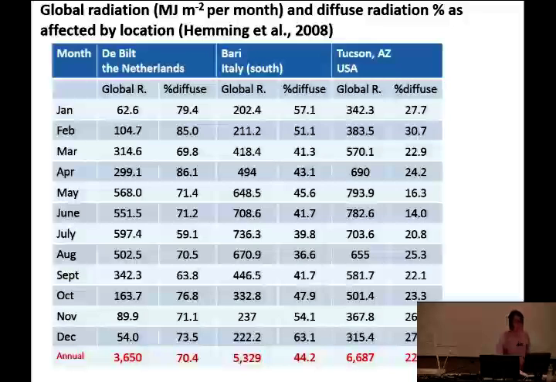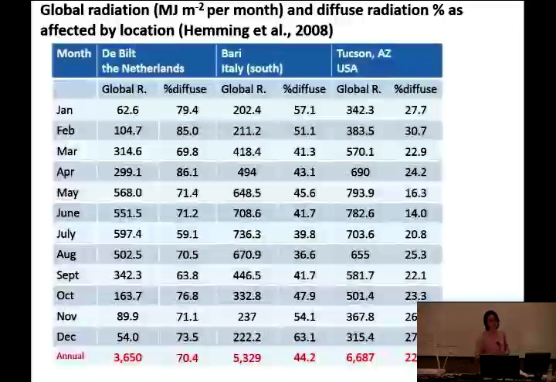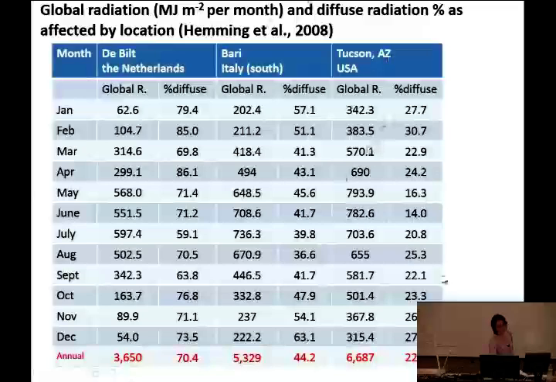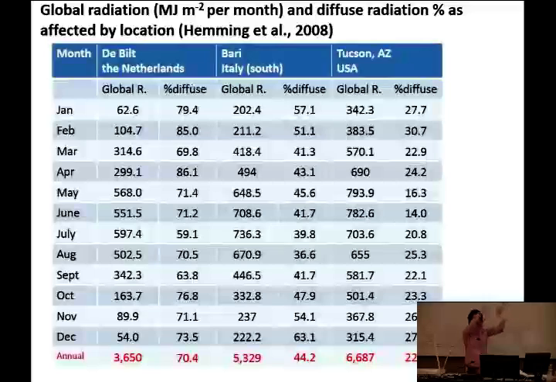Yes, TJ. What do we mean by the percent? Out of 100% light entering the greenhouse, 70% or 22% is diffuse? Yes, but this is the incident light, outside the greenhouse, so the natural light. Some percent is direct, which creates shadow, and some percent is reflected by the sky; that's the diffuse light.